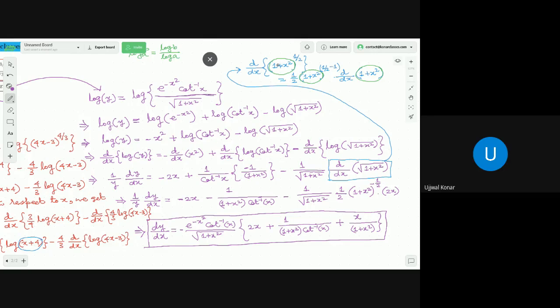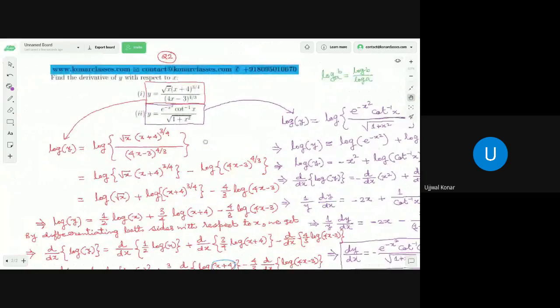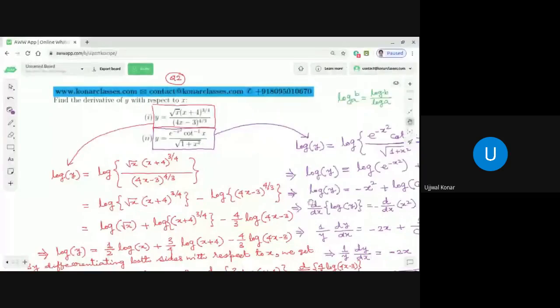Yes. Great. Now, as we are done with it, I would like to discuss a new topic, okay? And that is called how to differentiate an implicit function. Okay, very simple, nothing special. There are two things I would like to discuss. One is how to differentiate an implicit function and how to differentiate a parametric function.